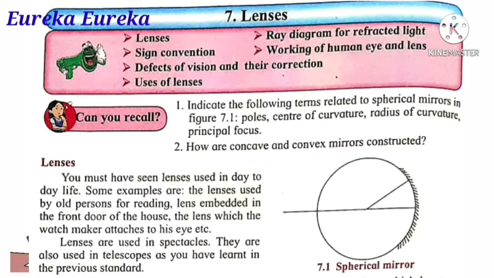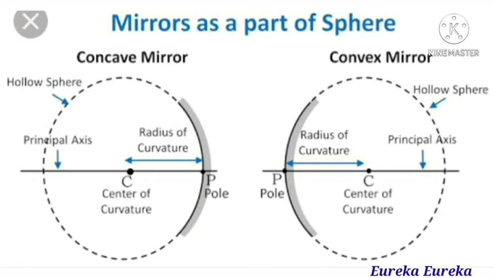Indicate the following terms related to spherical mirrors in figure 7.1: the pole, center of curvature, radius of curvature and the principal focus. Here there are diagrams which show the different terms related to spherical mirrors.